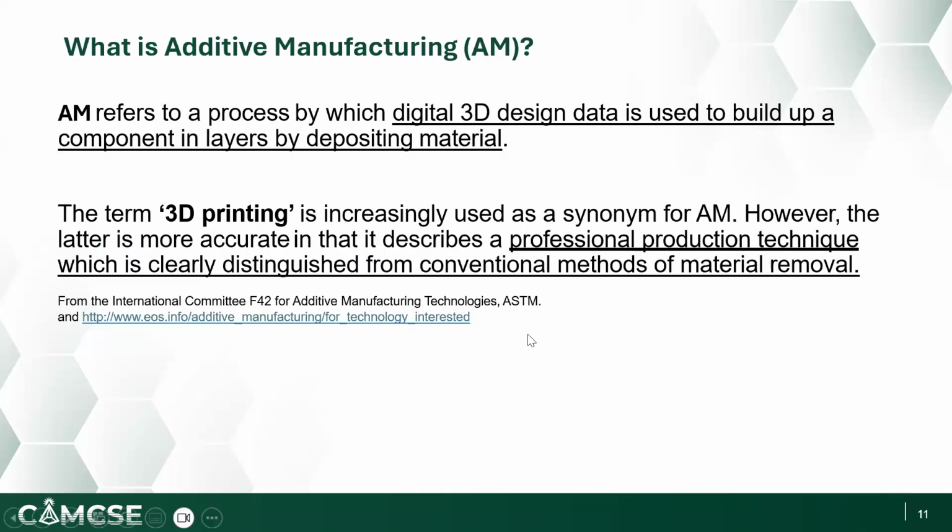So first of all, let's look at what is additive manufacturing. Additive manufacturing, by definition, refers to a process by which digital 3D design data is used to build up a component in layers by depositing materials layer by layer.